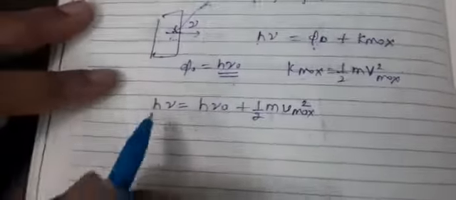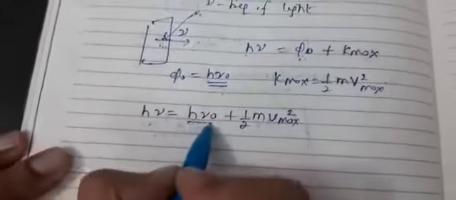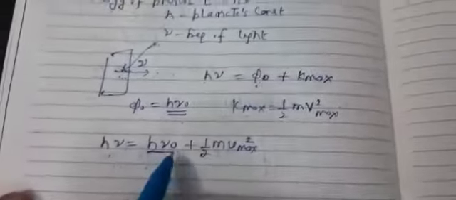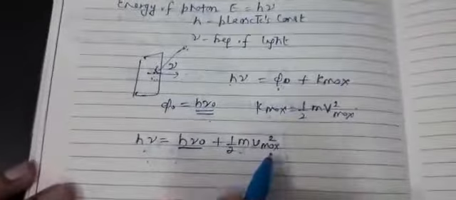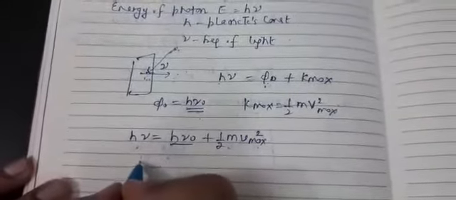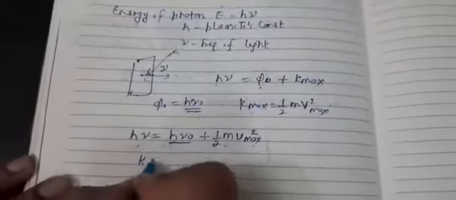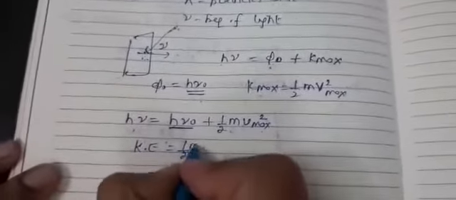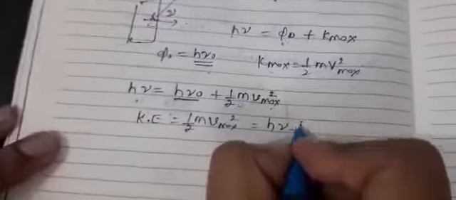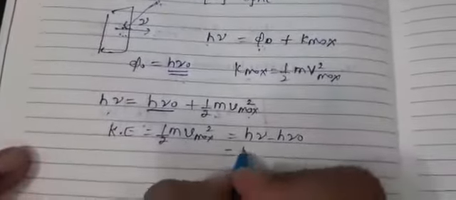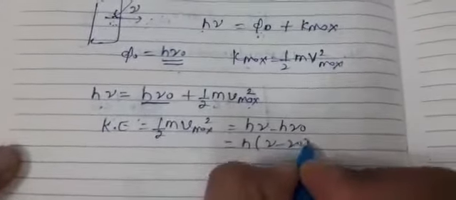So a part of this energy is used to remove the electron from the surface, and the remaining energy is used to impart kinetic energy. So what will be the kinetic energy? The kinetic energy, half mv square, equals h nu minus h nu naught, that means h times (nu minus nu naught).